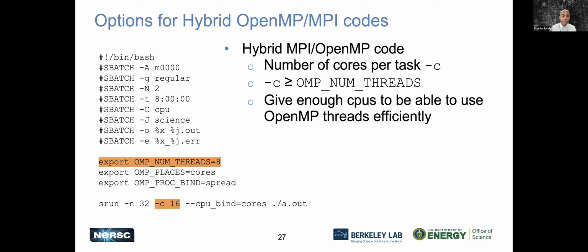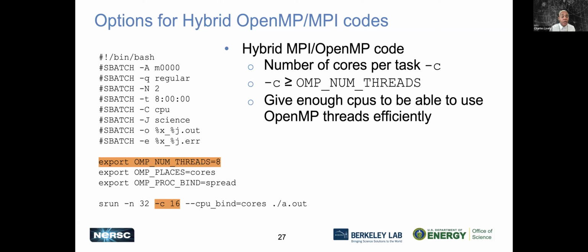Again, we also have different examples showing you how to properly execute hybrid applications if you're going to use MPI and OpenMP hybrid code. You have different constraints that you need to consider, in that the number of cores per task should be greater than or equal to the number of OpenMP threads.